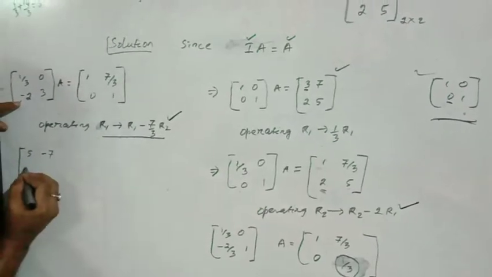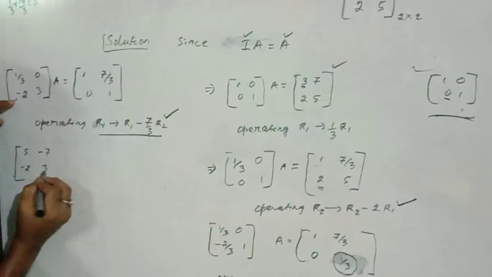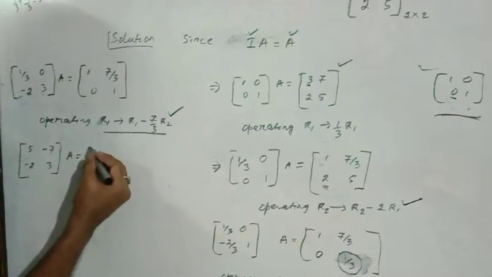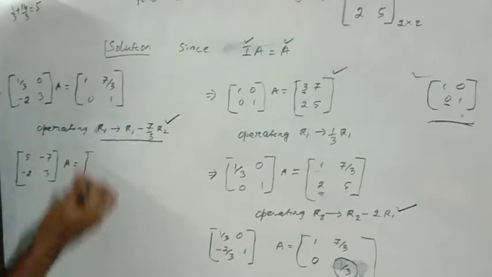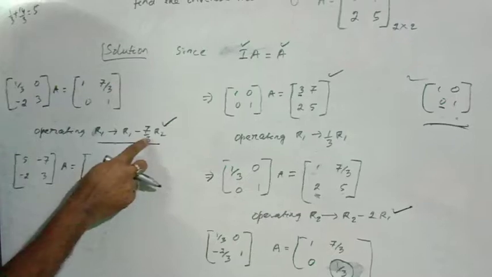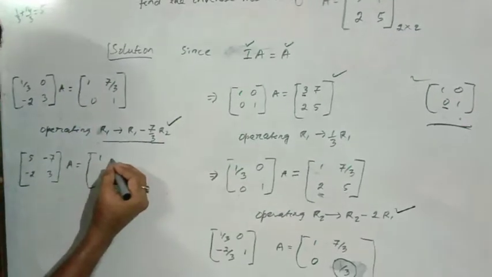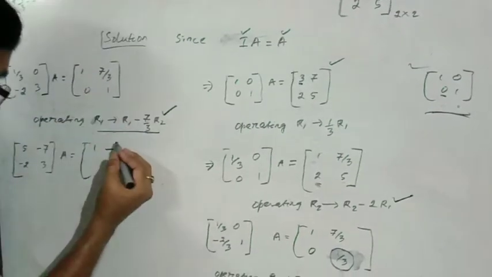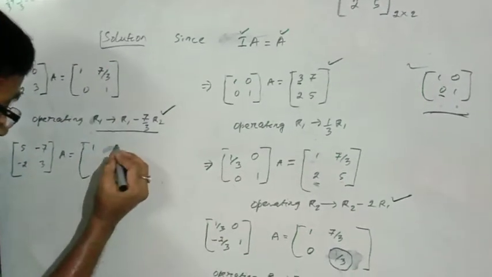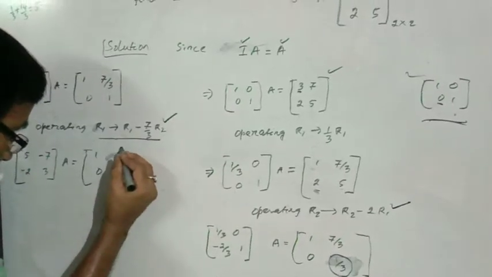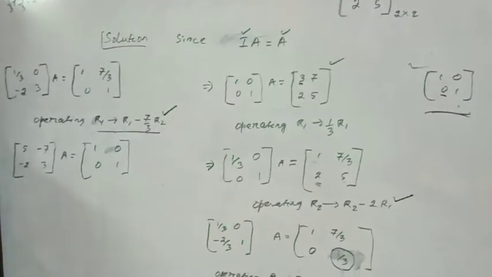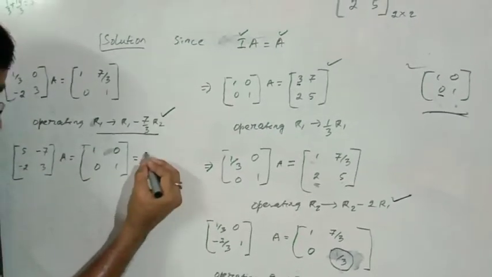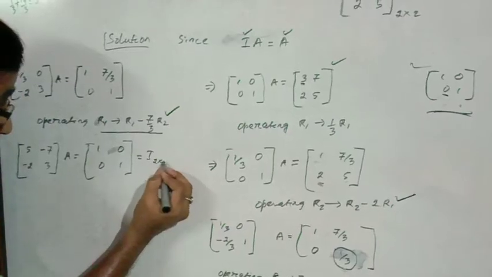Second row will remain as it is, minus 2, 3, into A matrix is equal to, taking the same substitution here, 1 minus 7 by 3 into 0, it is 1, and 7 by 3 minus 7 by 3 becomes 0, 0, 1, 0, 1. So we are getting that the product of these two matrices is equal to I, the identity matrix, unit matrix.